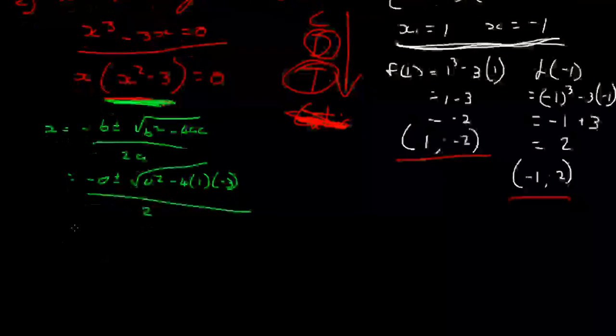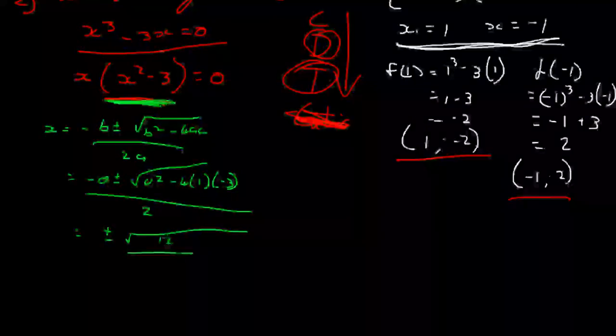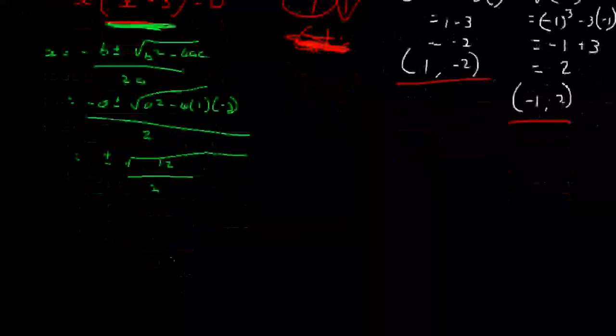So that leaves us with plus or minus the square root of 0 squared, which is 0, minus 4 times minus 3, which is 12, over 2.